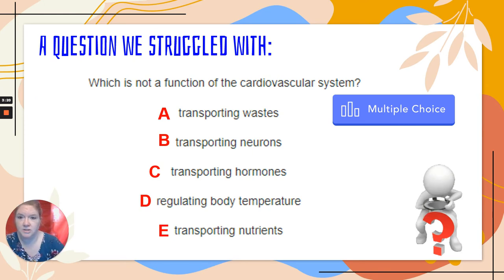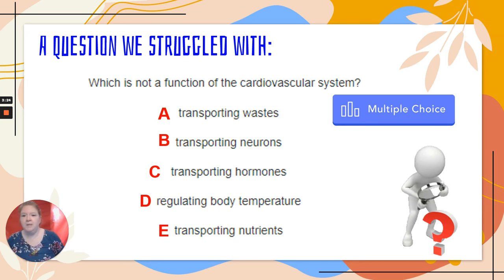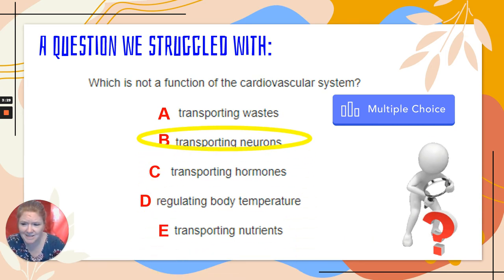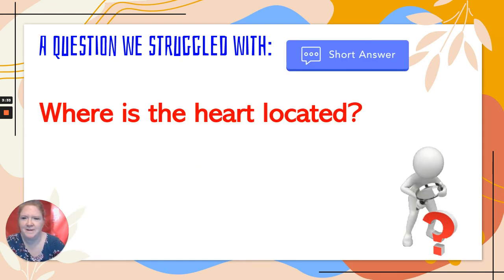Here's another question that we struggled with, which is not a function of the cardiovascular system. And you know, it's transporting neurons. Neurons are nerve cells. The cardiovascular system is definitely not transporting those.